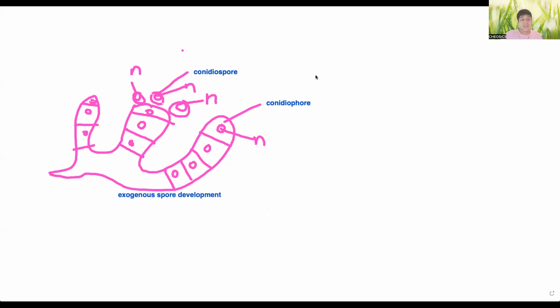Next, you have your sexual forms. When sexual reproduction happens, this whole process takes place. You get your conidiospore from mitosis, the whole conidiophore forms, and you get your conidiospore. What happens later is, we have to zoom in onto one conidiophore now. I'm going to clear the drawing.